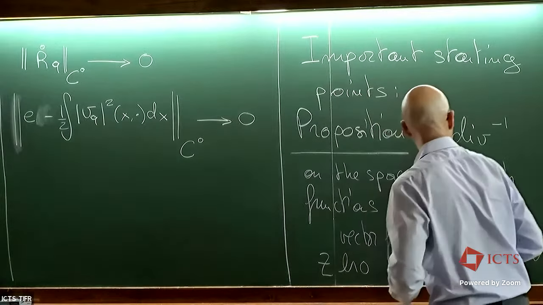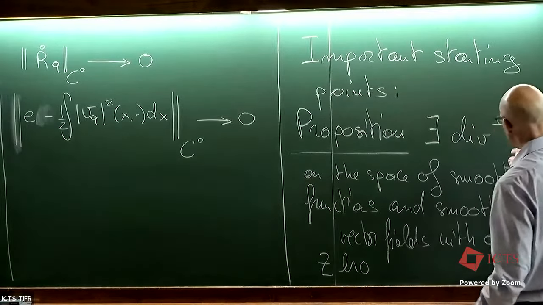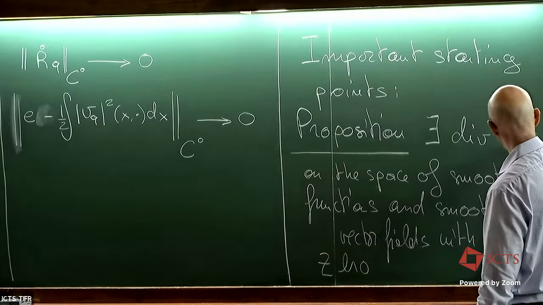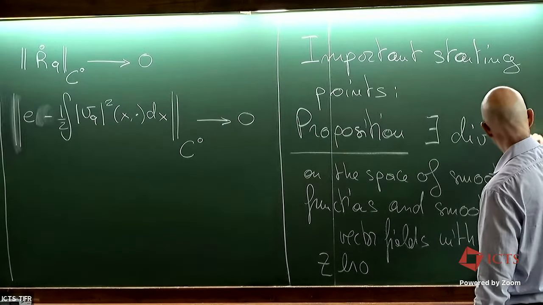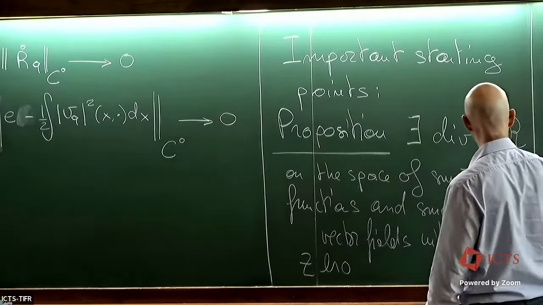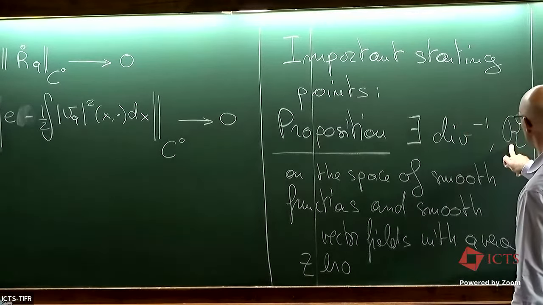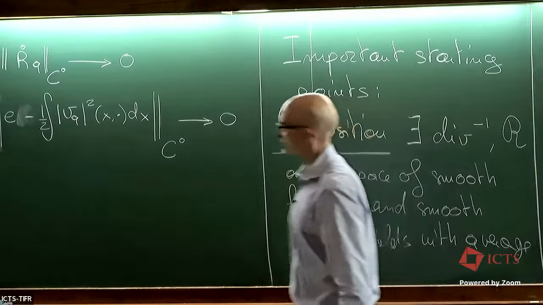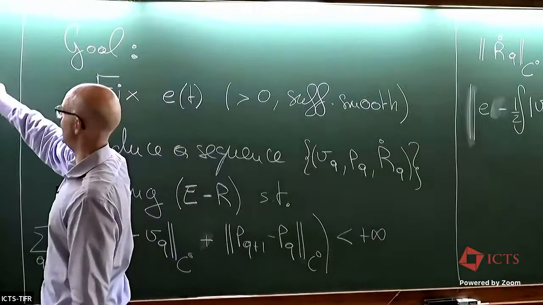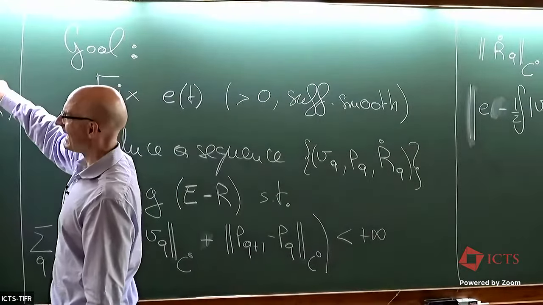Okay? People like to call it divergence to the -1. I actually like to introduce this operator R, which looks like I want to compute this R circle. That's exactly the idea somehow.